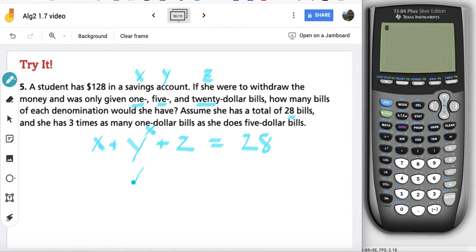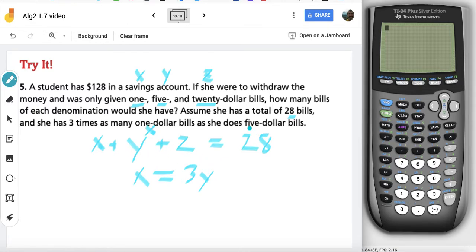The number of 1s equals 3 times the number of 5s. Sometimes students write 3x equals 1y, but it's really, she's got way more $1 bills. This is the number of $1 bills, and it's going to be 3 times the number of $5 bills. We have 3 unknowns, so I need another equation.